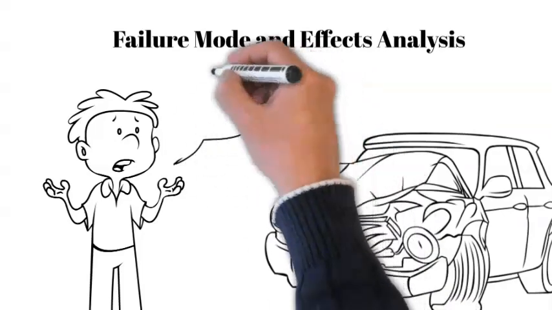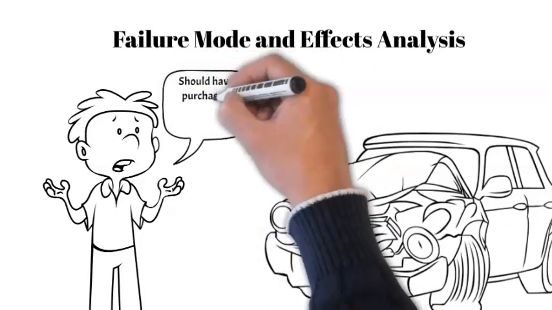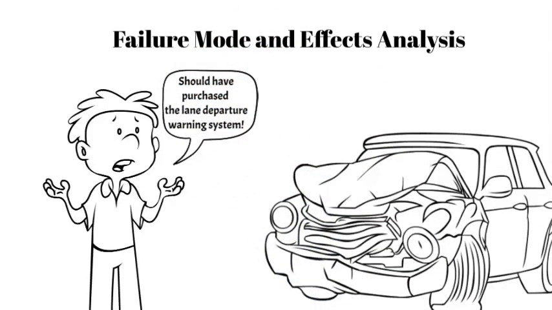We can do this by convening a brainstorming session and then exploring the possible vulnerabilities of a process. Then we can make the changes that will minimize the risk that certain events will occur. This process is called failure mode and effects analysis.